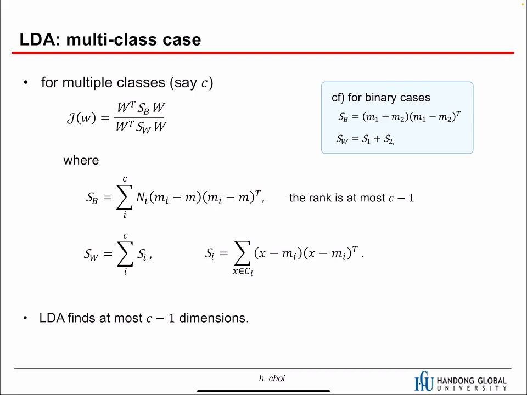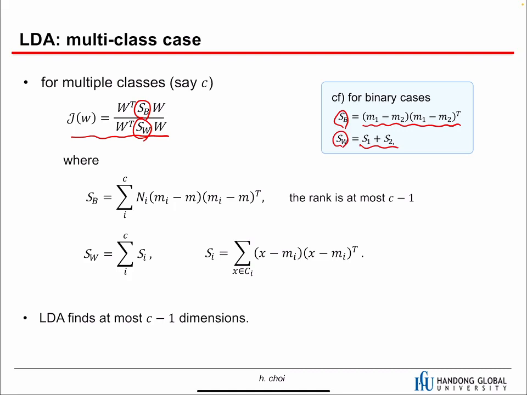So we talked about the 2-class problem, but what if we have 3 classes or 10 classes? Then we can generalize LDA for multi-classes here. The objective function is exactly the same as before, but SB and SW would be slightly different. For binary class, we have SB defined by this and SW defined by this because we have only 2.